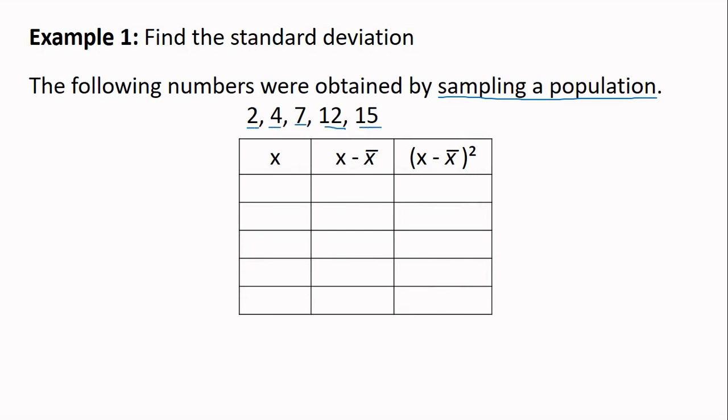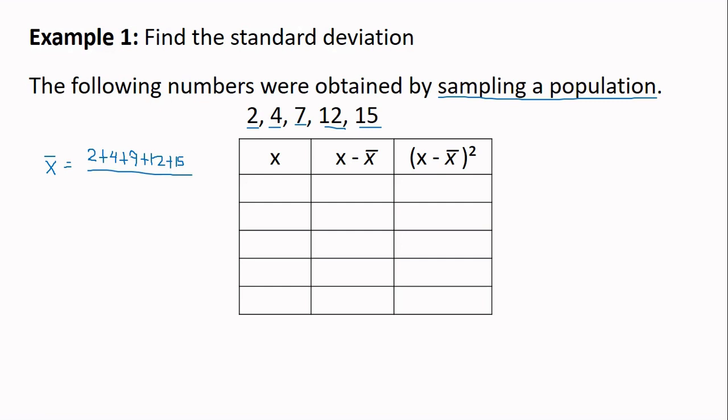Okay, so first we're going to solve is the mean. Okay, to solve for the mean, sa atong previous na discussion, igura nato siya i-add ang 2, 4, plus 7, plus 12, plus 15 all over the number population.